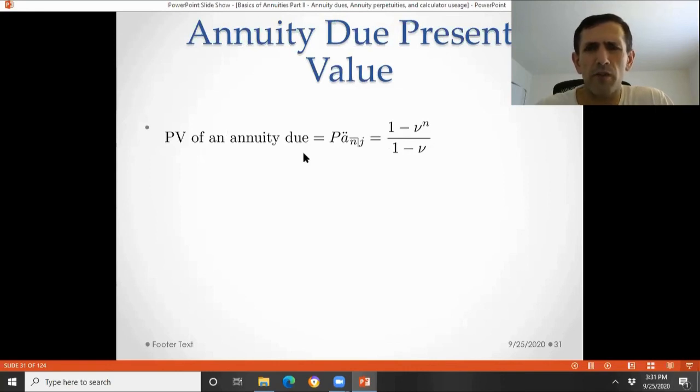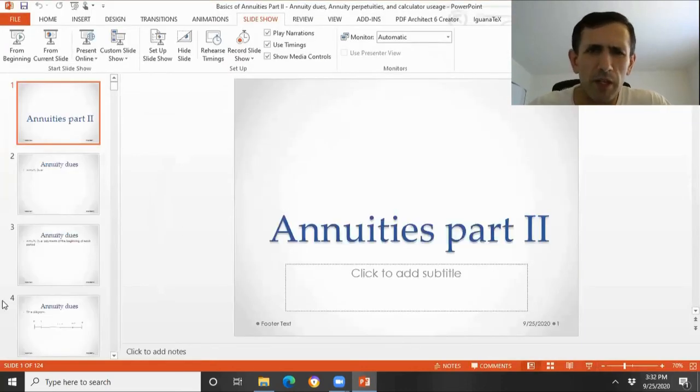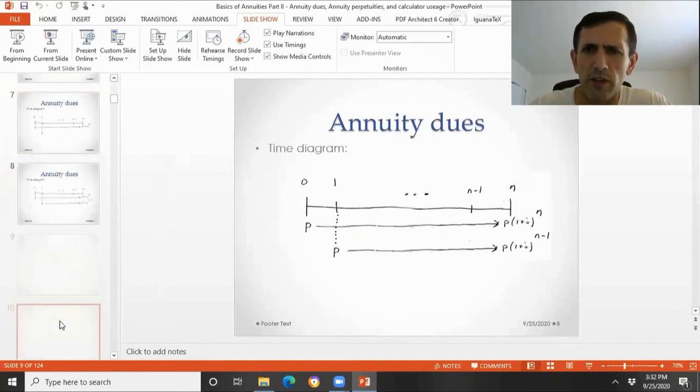So the present value of an annuity due is P a double dot n angle j, where a double dot n angle j is what I have here. So it should be P times this whole thing, using the geometric series formula. So actually, let me fix that really quickly.